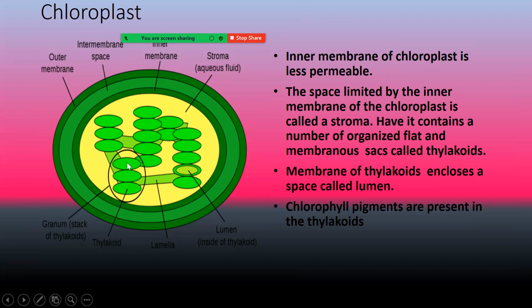Thylakoids are ribbon-like flat structures. You can see this green color. Each is a thylakoid, and these thylakoids are stacked over each other. When these thylakoids are stacked over each other, it is known as grana. Chlorophyll pigment is present inside the thylakoid. The matrix of the chloroplast is known as stroma.